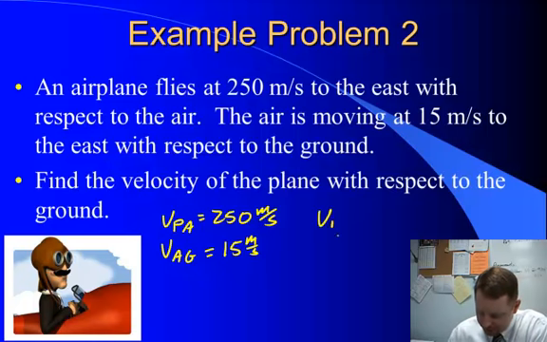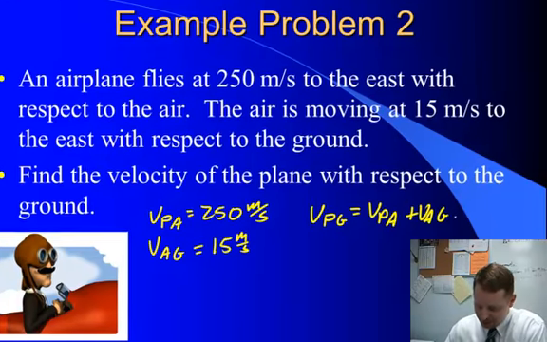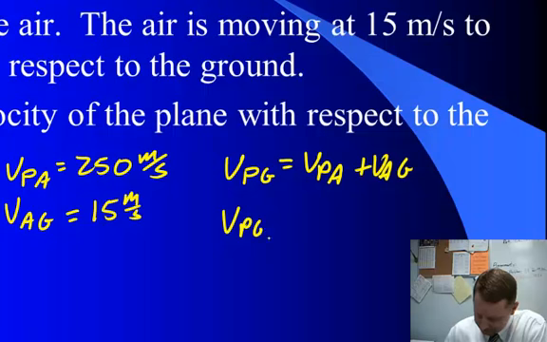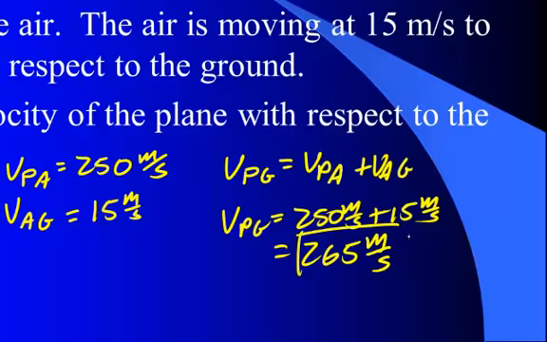Find the velocity of the plane with respect to the ground. Well, that must be the velocity of the plane with respect to the air plus the velocity of the air with respect to the ground, which must be 250 meters per second plus 15 meters per second, or 265 meters per second.